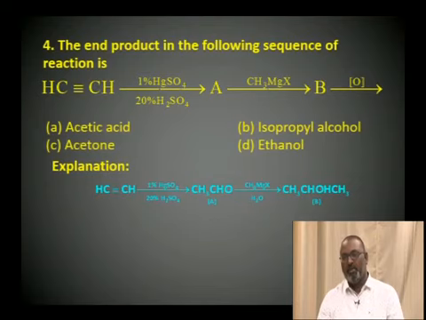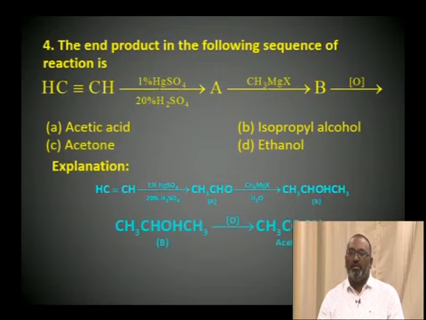You can see that in the options A, B, C, D, only B and D are having alcohols as the answers, that is isopropyl alcohol and ethanol. Isopropyl alcohol is a secondary alcohol and ethanol is a primary alcohol. And the reaction shows that it is isopropyl alcohol.